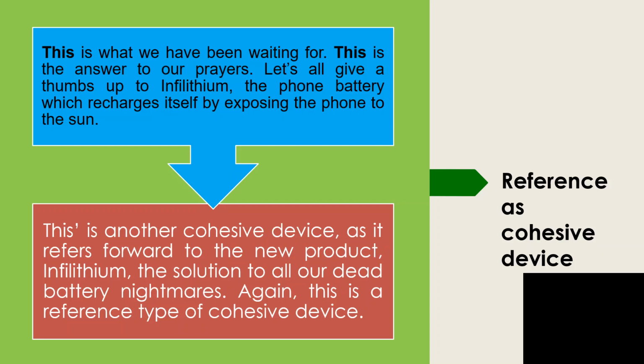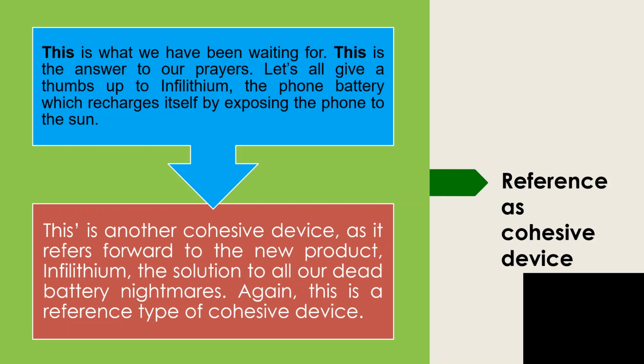So notice this used in the first sentence, this again used in the second sentence, are connected, or rather ensure a connection with the third sentence, which is Infinitium. So notice, by using the demonstrative pronouns, we have ensured that all three sentences there are connected.